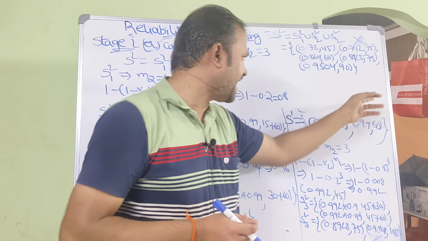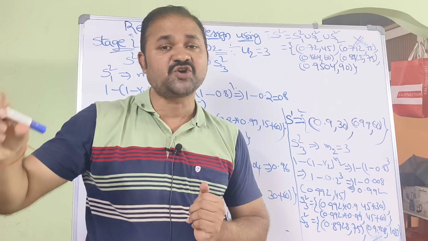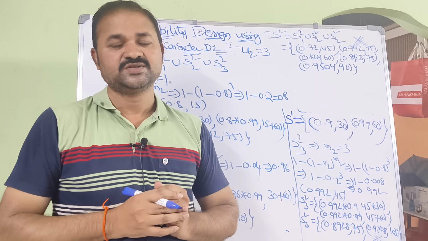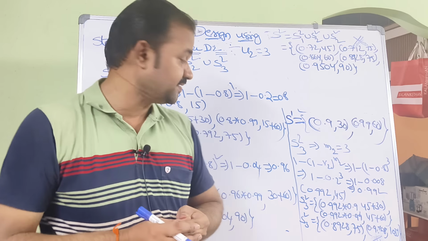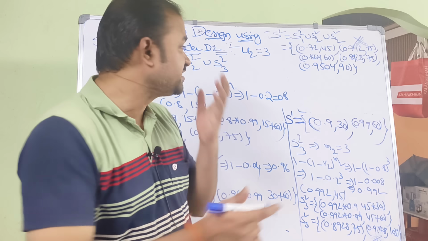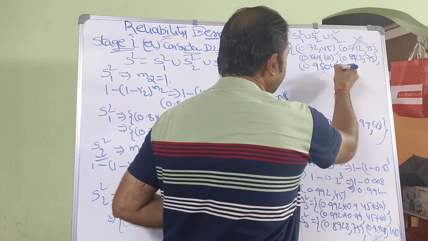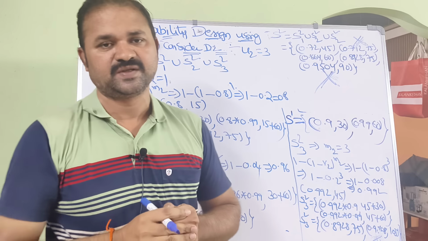But if we consider the last pair, here the cost is 90, whereas the cost of the third device is 20. So 90 plus 20 means 110. But here the cost of the entire system is 105. So this pair is not possible here. We have to remove this pair also. Why?